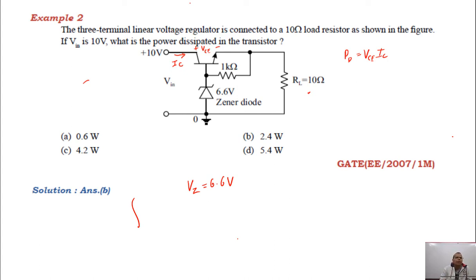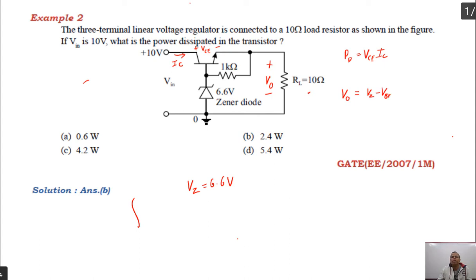Now for finding out the collector current of BJT, first of all we should know how to proceed for finding out the output voltage. The output voltage of this circuit is nothing but voltage across the load. So output voltage of this circuit is equal to Vz minus voltage VBE.